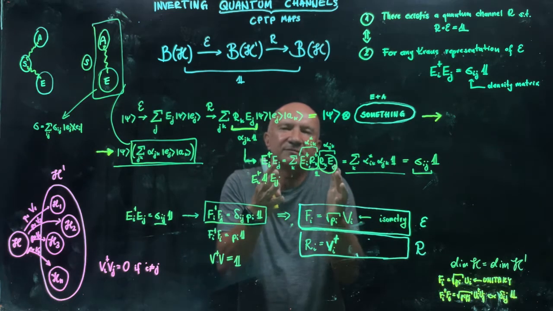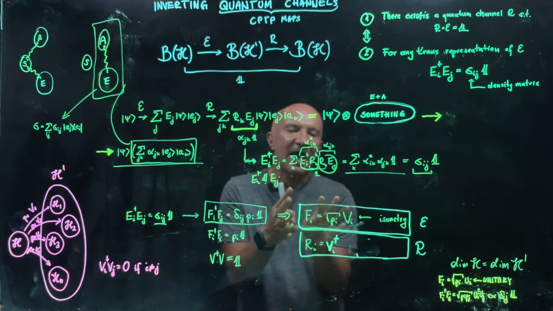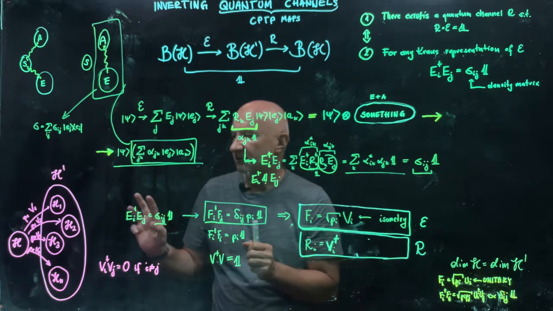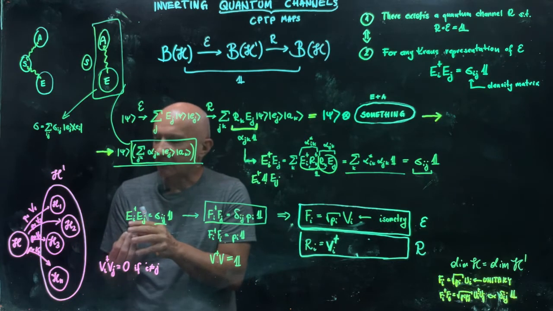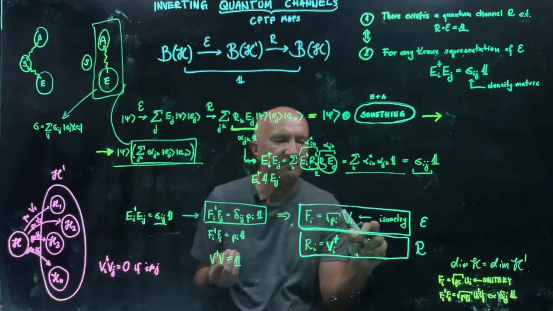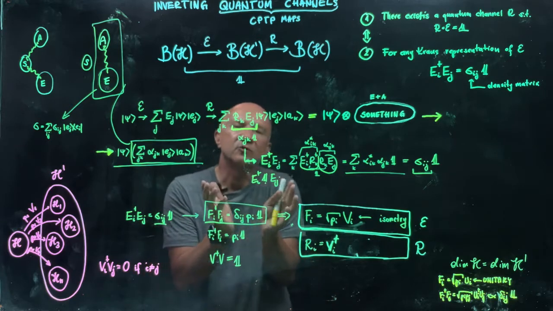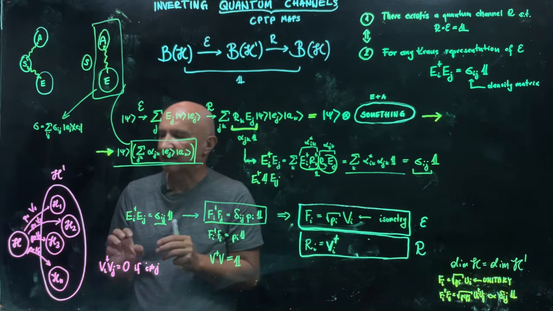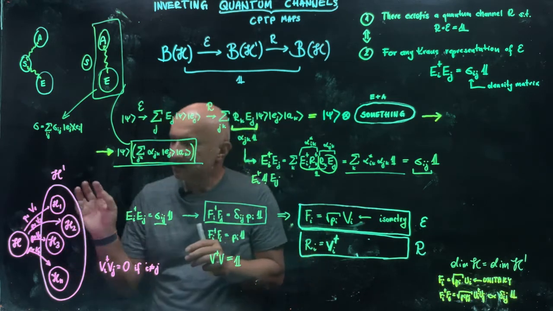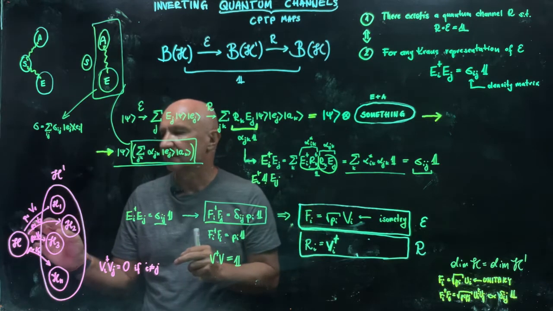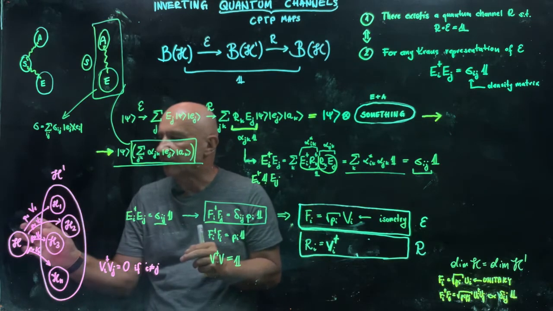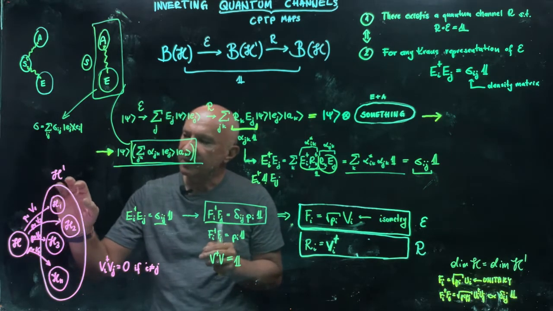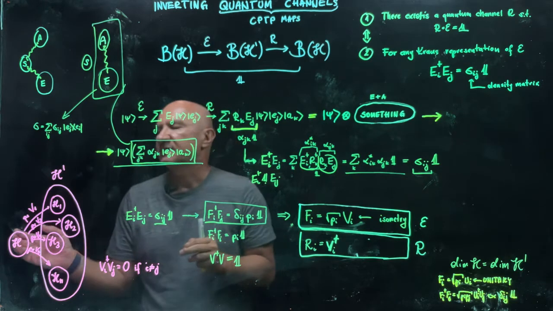So then how can you think about the action of E in this particular case? Perhaps a good way to think about how Kraus operators, the special set of mutually orthogonal Kraus operators, act on vectors in H. In fact, each isometry, say V1 or V2 or V3, will take the space H and embed it in this higher dimensional space H prime with certain probability.